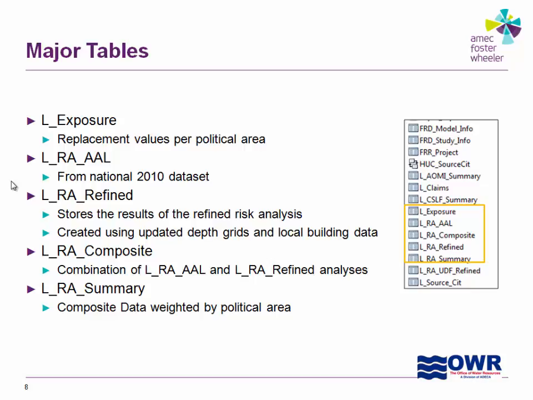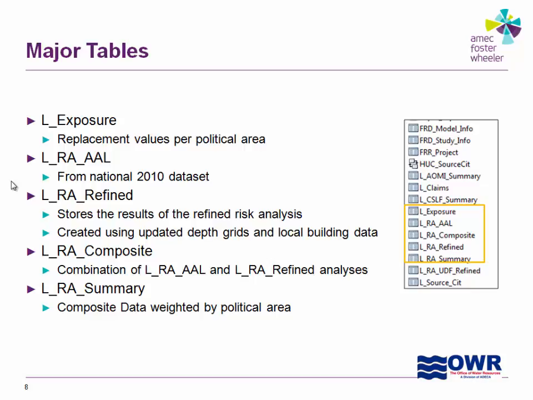And then we'll have the summary, which will give you the actual data numbers by each percent recurrence interval by political area. So it'll break down dollar losses for average annualized loss for the 0.2, 1%, 2%, 4%, 10% composite values.